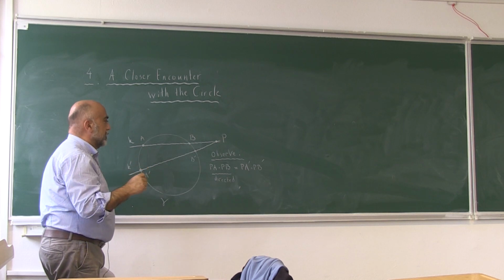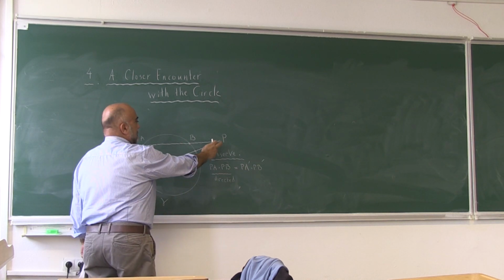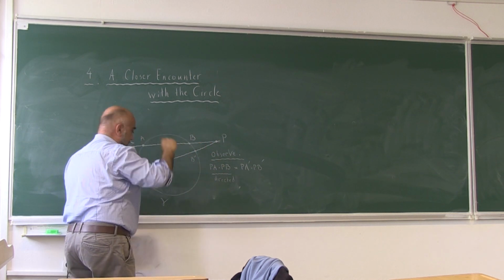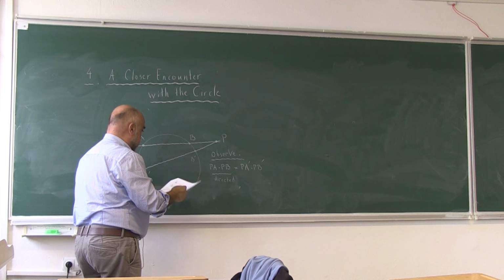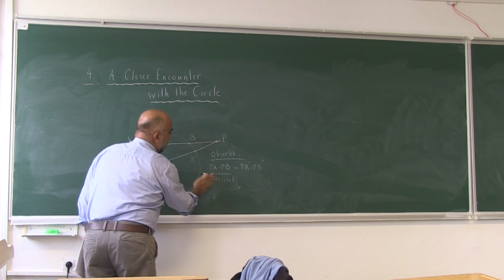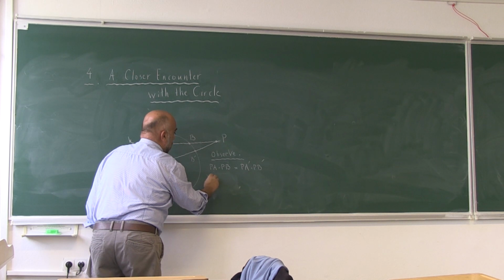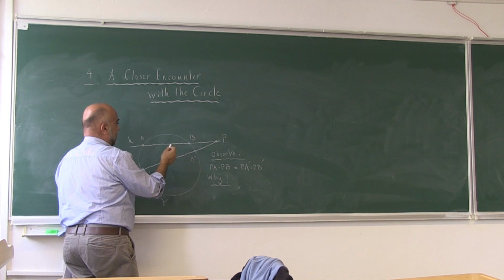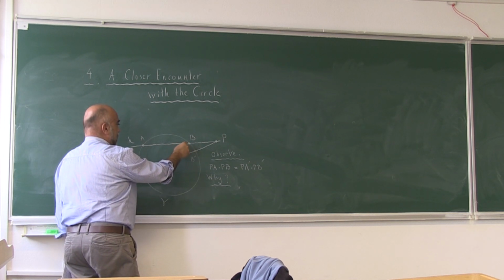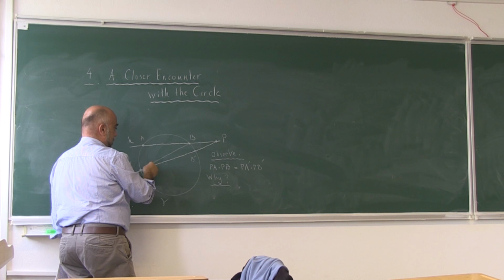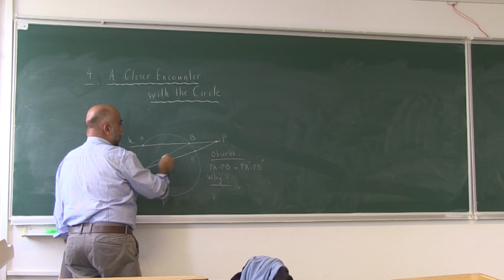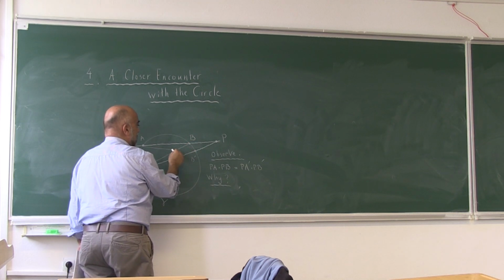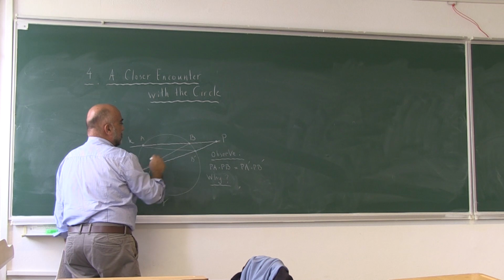Now, why is that? Well, let's look at the situation where P is outside. Since P is outside the circle, PA times PB is a positive quantity, and you only have to simply observe that. Why is that? Well, all we have to observe is the following. Look at the triangle PA prime B, and look at the triangle PAB prime.